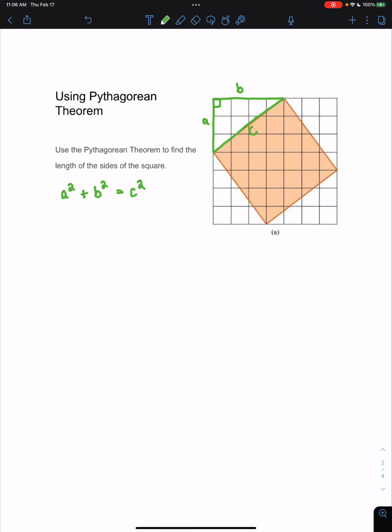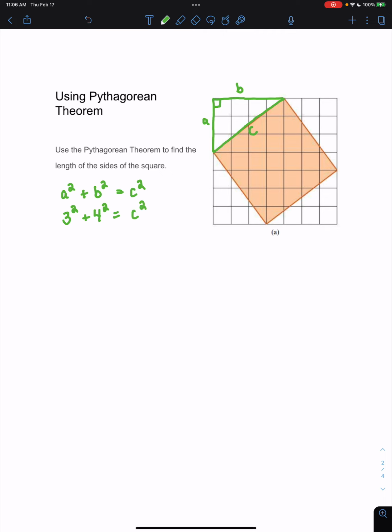That's my Pythagorean theorem. So now I know the length of A is 1, 2, 3 units. So 3 squared plus B is 1, 2, 3, 4 units. 4 squared is going to give me C squared.